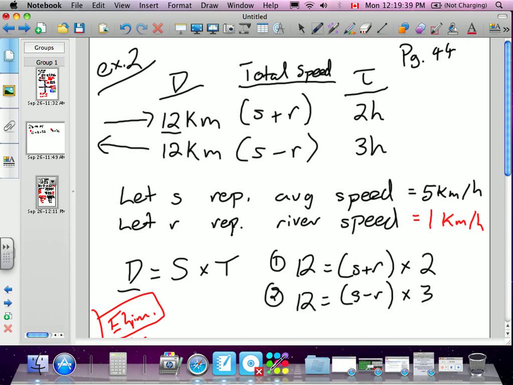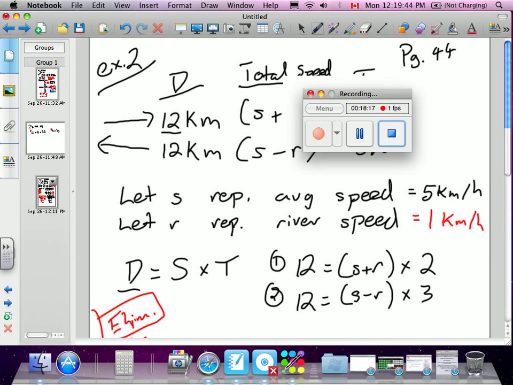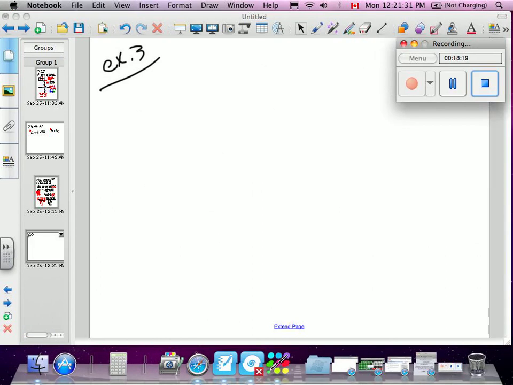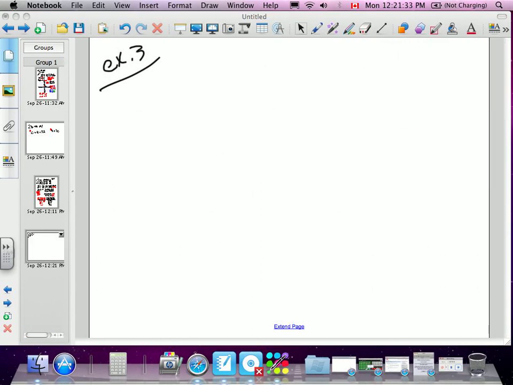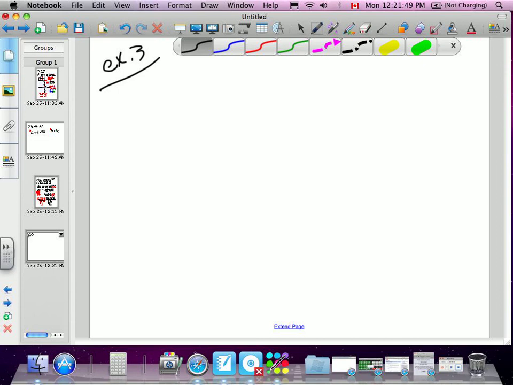Sure. Example 3. Miriam has a bottle of 5% acetic acid and a bottle of 10% acetic acid. How much should she use to make 250 milliliters of 8% acetic acid? So first of all, let x represent the 5% solution.